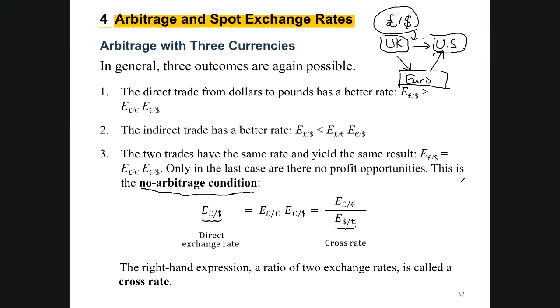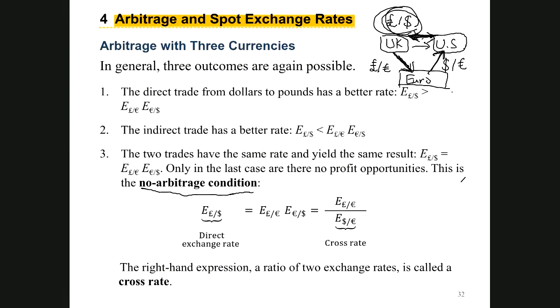So you could switch your pounds to euros first, and then switch them to dollars. So arbitrage with three currencies means that the direct path and the indirect path should have exchange rates equal to each other.